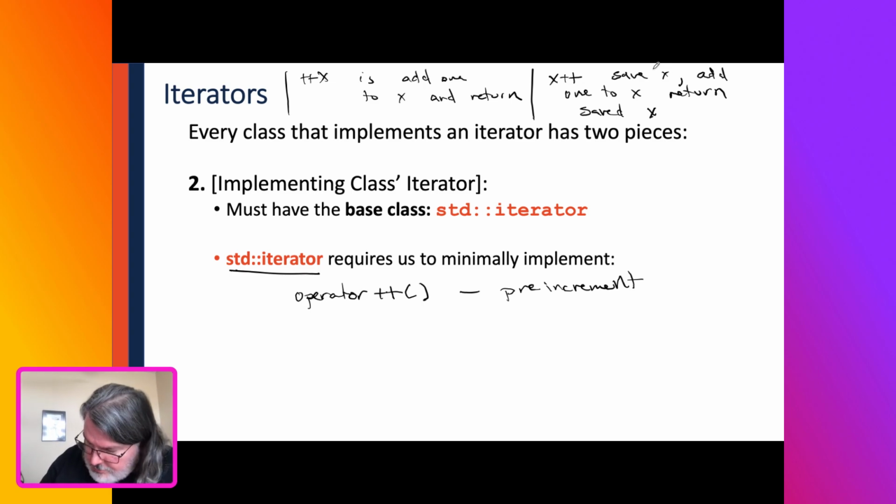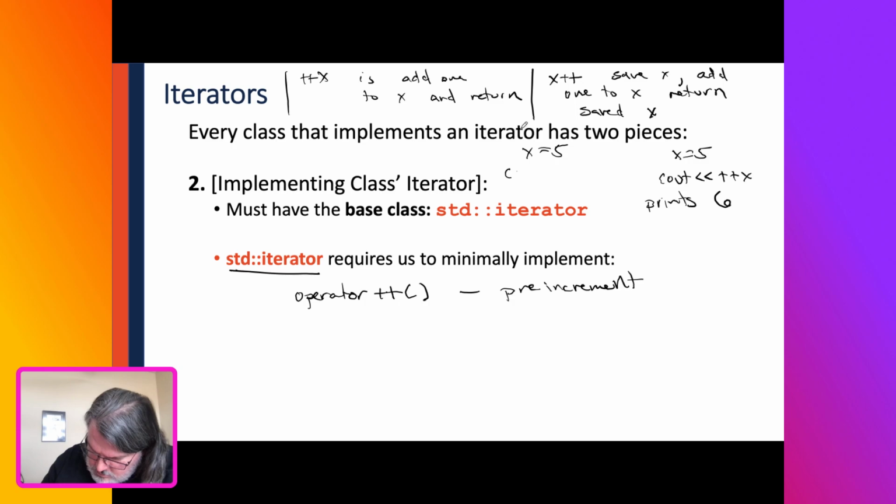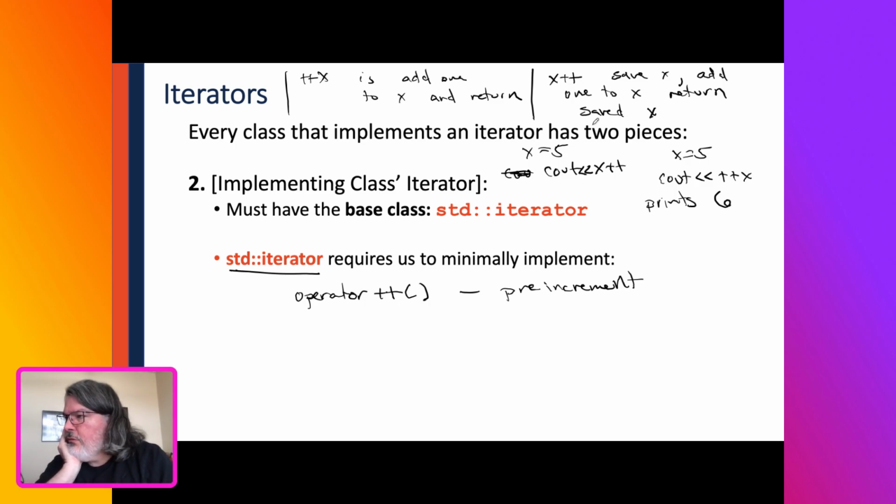So that's plus plus x, which is pre-increment. And then x plus plus is: save x, add 1 to x, return the saved x. So, for example, plus plus x is going to print what? Okay. What about if we did x plus plus, what is it going to print now?